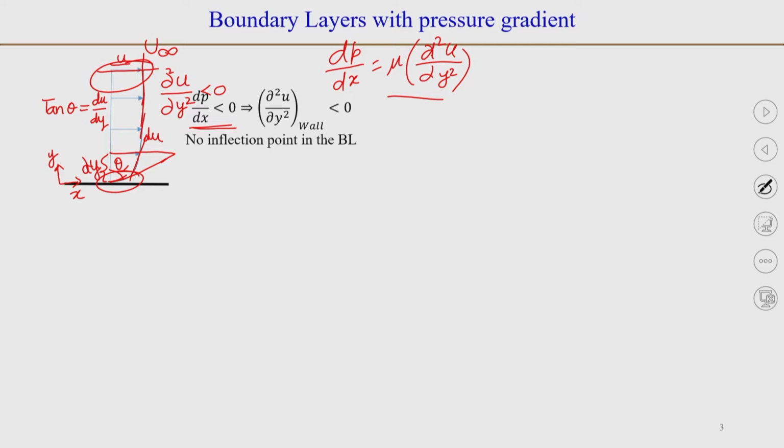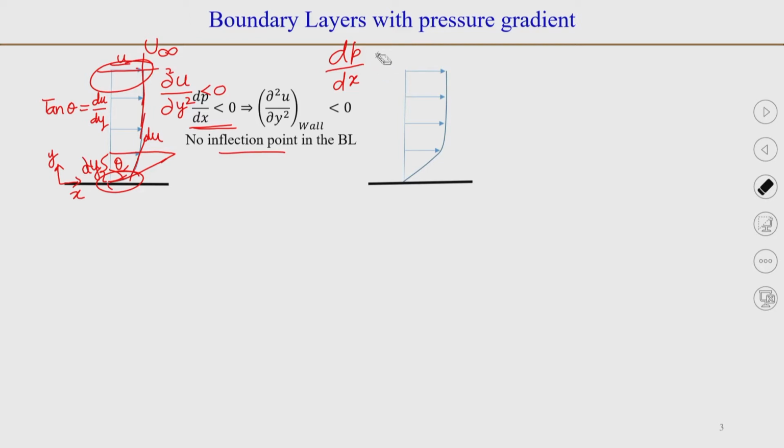So they are of the same sign: this is negative and this is also negative near the outer region. So d²u/dy² does not change sign when we move from the wall to the boundary layer region, and there is no inflection point where it would change sign.